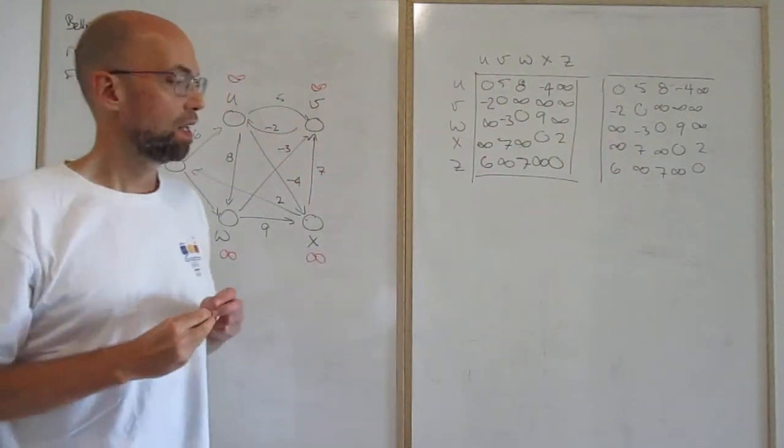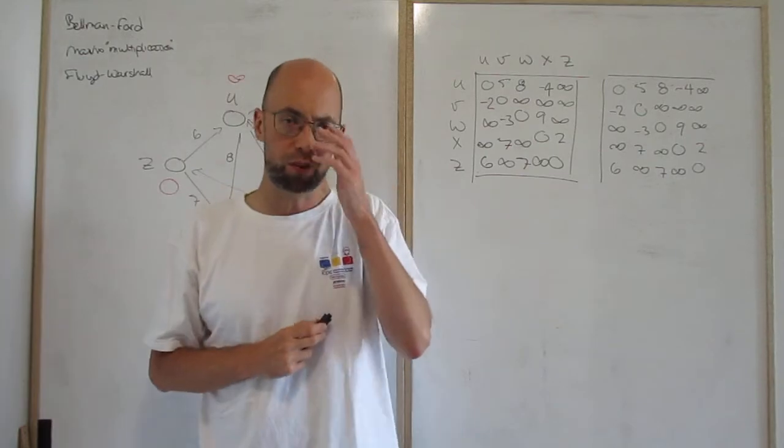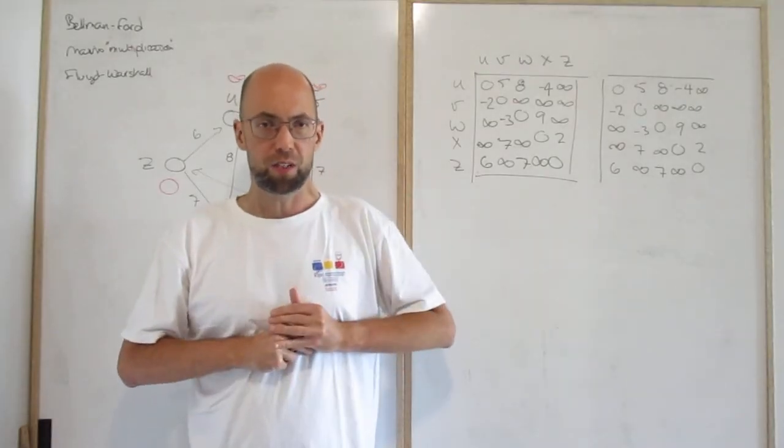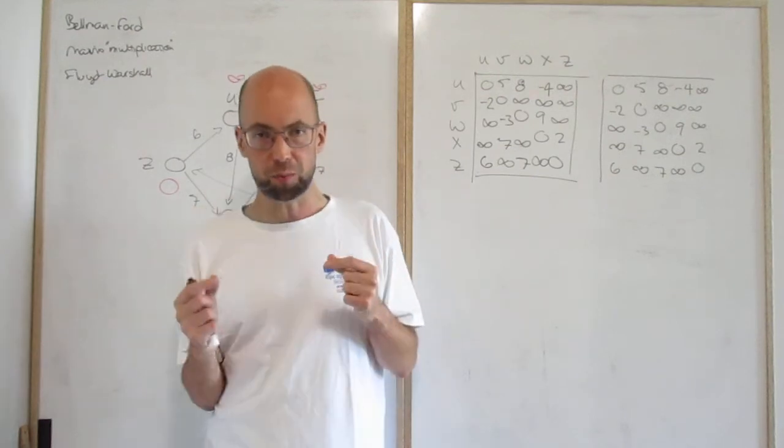Now, if we're going from somewhere to somewhere else in 2 steps, we go from the somewhere to an intermediate vertex.